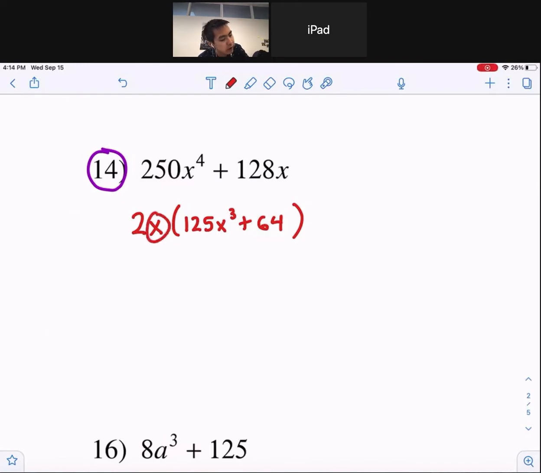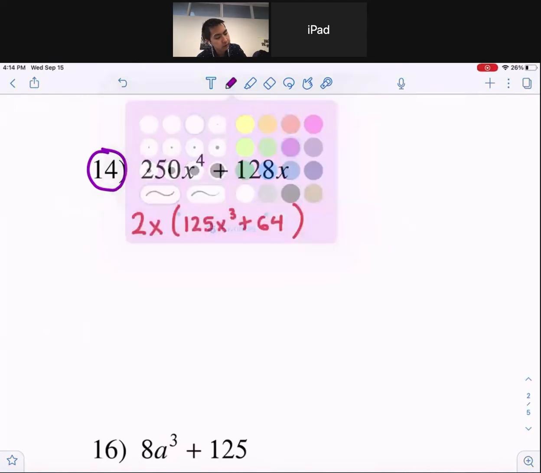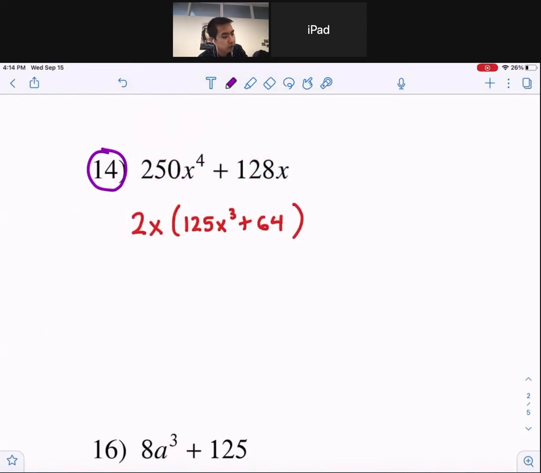And we took away an x from both. Now 125 and 64 are perfect cubes, so we're going to take the cube root of both. I am not going to forget that our 2x has to be in our answer later on.